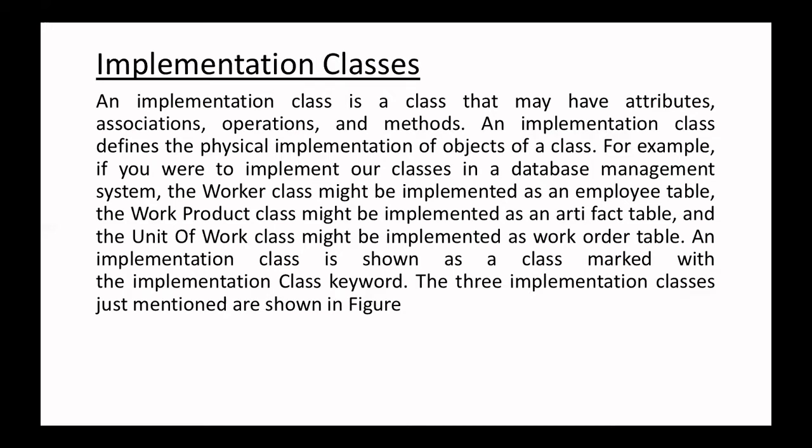This class is implemented in the database in the work order table. So firstly we are designing the employee table, artifact table, and work order table. As you learned in the previous year about databases, here we are talking about the employee table, artifact table, and work order table.